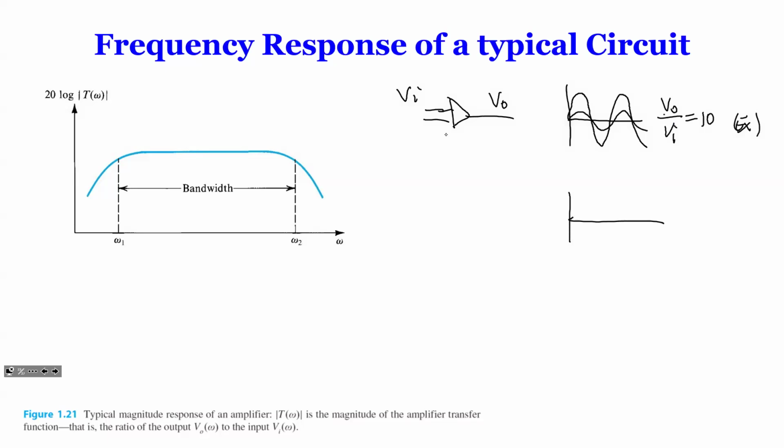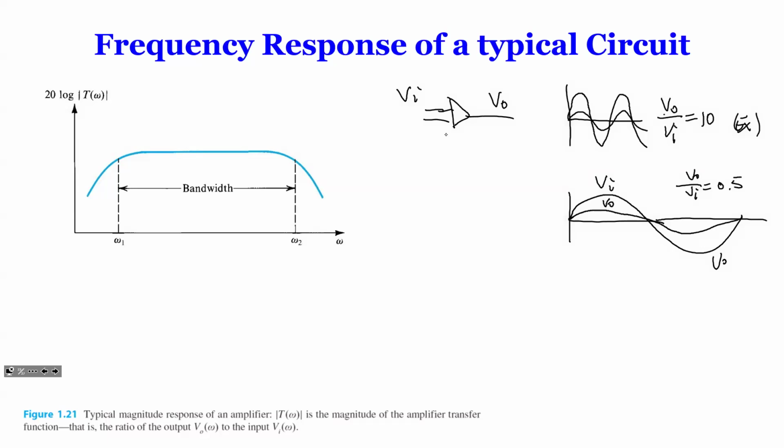But then you find that your gain is this much. So this is V in, this is VO, and VO over V in equals 0.5. So I'm asking you what's going on.